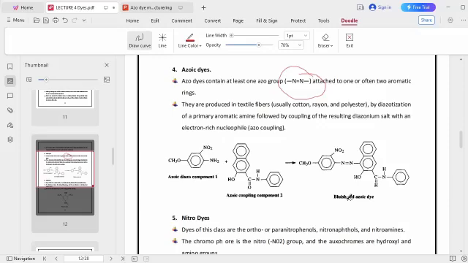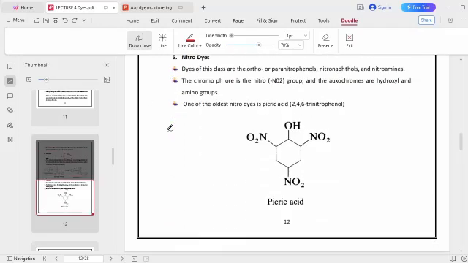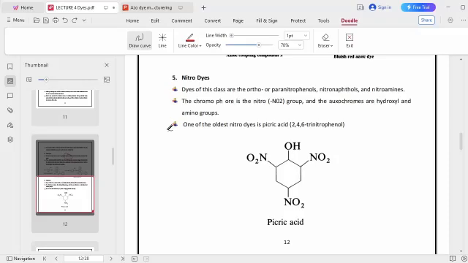For example, if we look at the bluish red azoic dye, we have NN connecting two aromatic rings. This part and this part are connected through this what? Through this azo group. Then we also have nitro dyes. Nitro dyes are dyes that contain NO2 group.